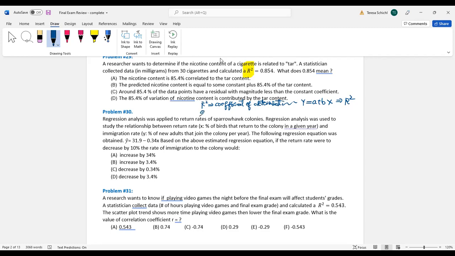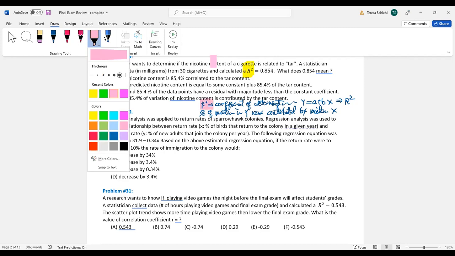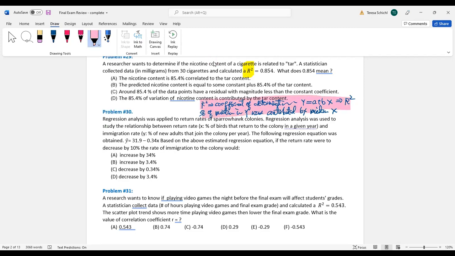So R-square is the percent of the variation in Y that was contributed by the variation of X here, right? So this is our official definition of the R-square. So what is the coefficient of determination? It is the percent of the variation in Y that was determined by the variation of X.